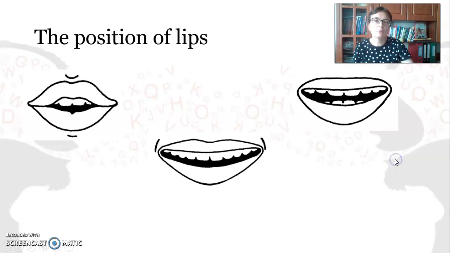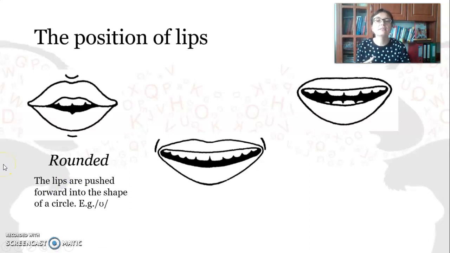We shall also look at the position of the lips because, as I have already mentioned, they shape our mouth and consequently shape the airstream as well while producing a particular vowel sound. In this picture here, the lips are rounded, and that means that the lips are pushed forward into the shape of a circle.